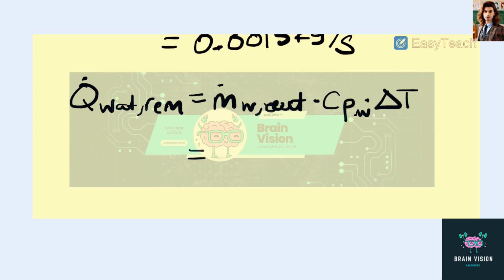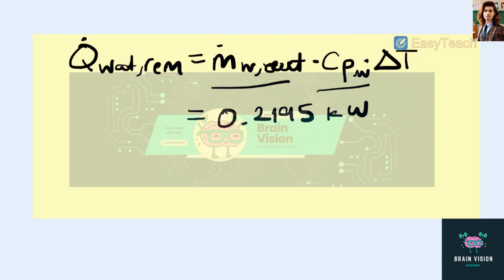So by plugging in for these components, we know m dot of water coming out, because that's 0.0015 kilograms per second. We know the Cp of the water, and we know delta T to be 50 minus 15 degrees C. So this gives us the total Q out by the removed water to be equal to 0.2195 kilowatts.